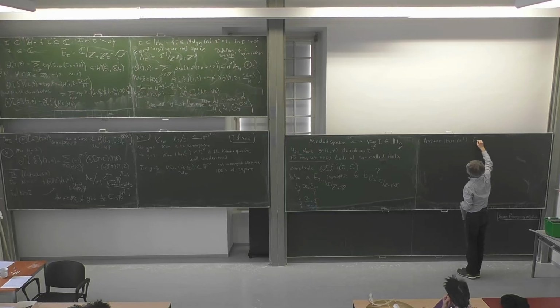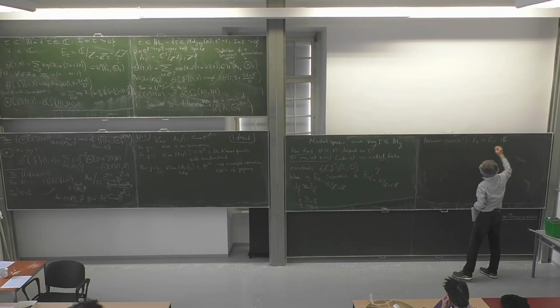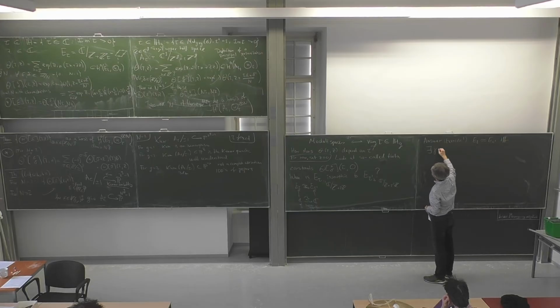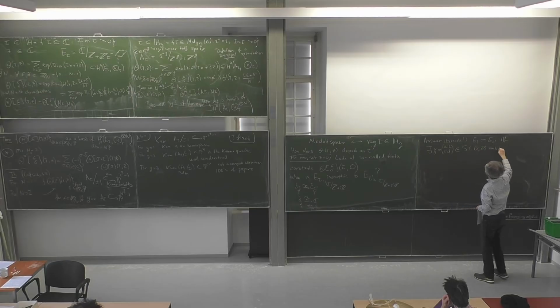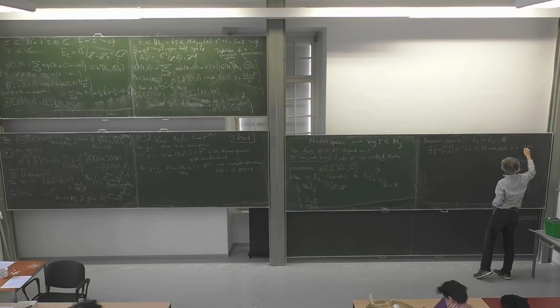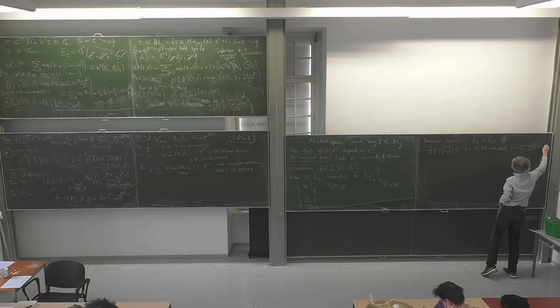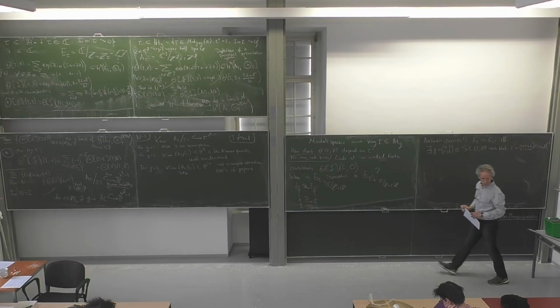E_tau is isomorphic to E_tau prime if and only if there exists an element gamma, which I'll write as (A B; C D), in SL2(Z), such that tau prime is (A tau plus B) times (C tau plus D) inverse. Okay?